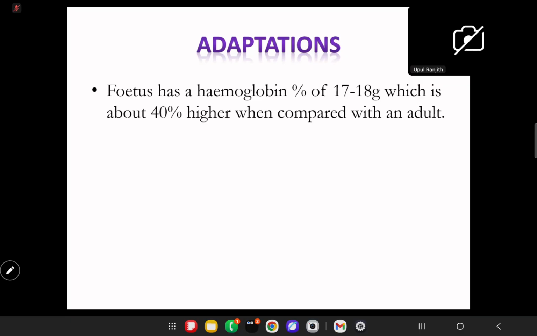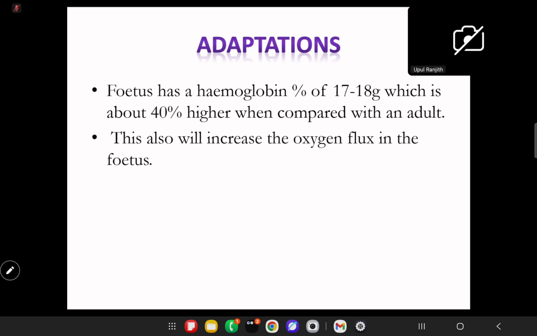Then the fetus has a hemoglobin concentration of 17 to 18 gram percent, which is about 40% higher when compared with an adult. That is also an adaptation for fetal oxygenation and survival. So this also increases the oxygen flux in the fetus.